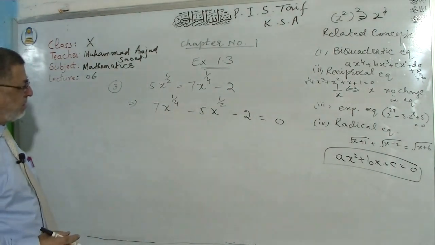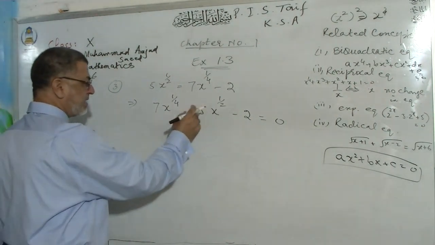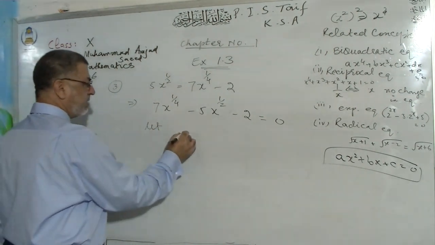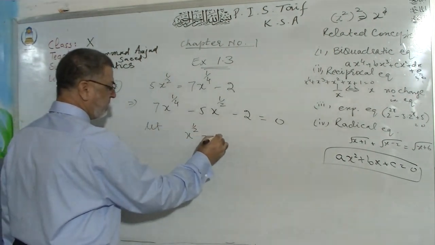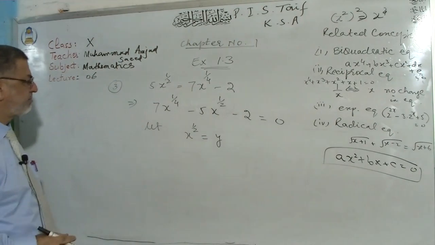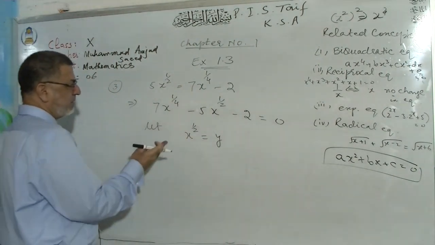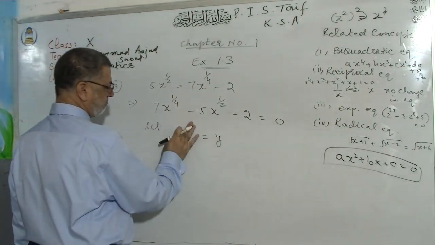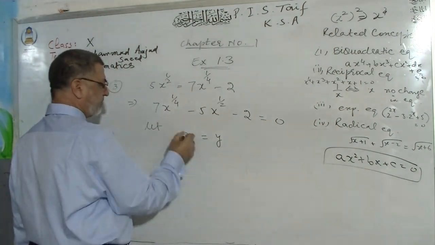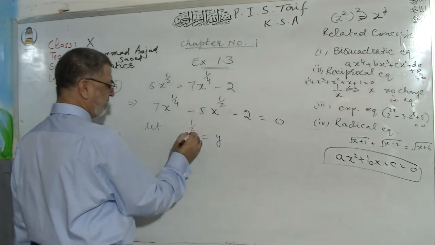Now boys, you can check, let x power 1 over 2 be y, or rather, because 1 over 4 is smaller, you will take the smaller value.